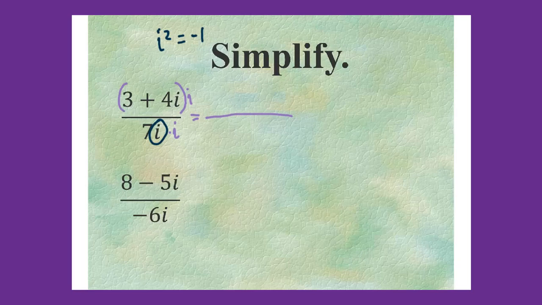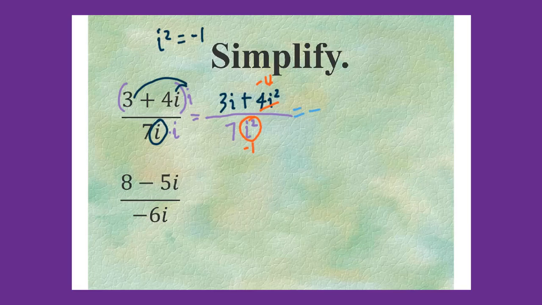Then you will get 7i squared. On top, we do the distributive property. You got 3i plus 4i squared. I squared means -1, so you got -4. Therefore, we have another i squared, that's -1.